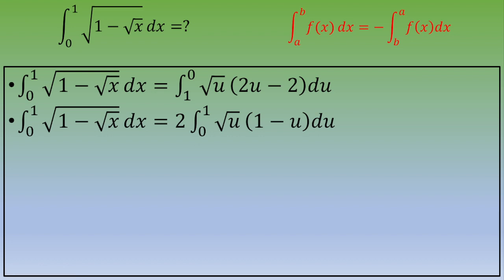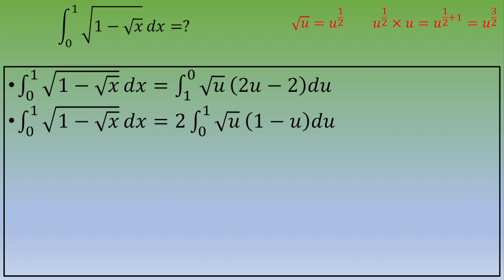So the next step is to write that square root of u is u to the power of 1/2. If you write that, we can calculate u power 1/2 times u, this is u power 1/2 plus 1, and this is u power 3/2.